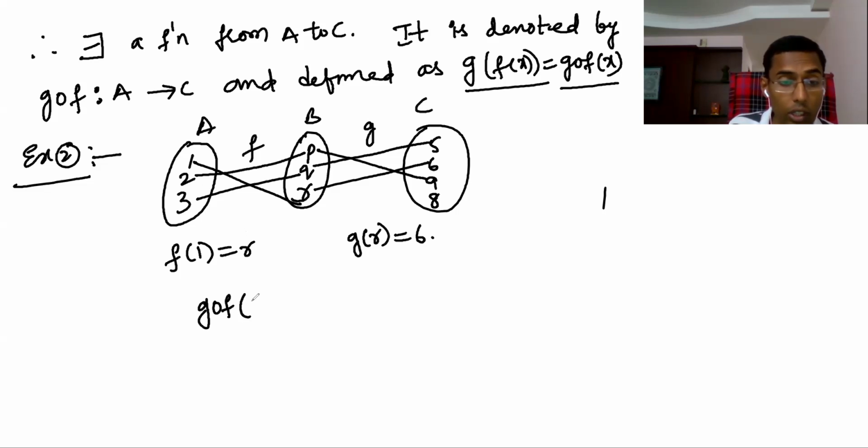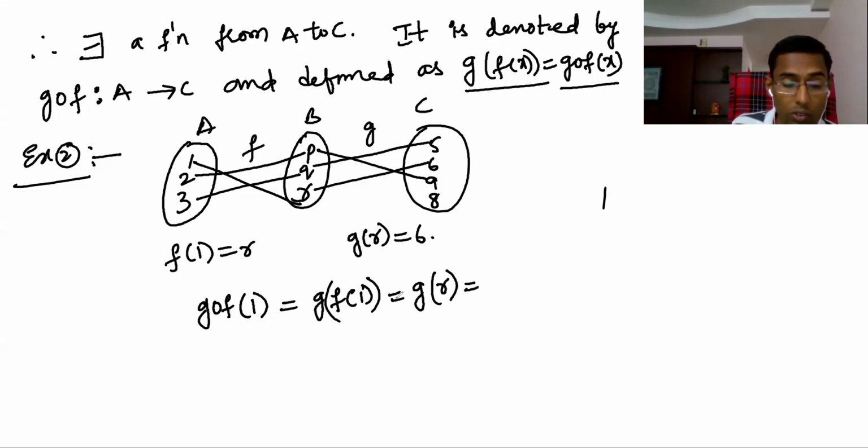G circle F of X is defined as G of F of X. So G of F of 1. What is F of 1? R. Now G of R is 6. So like this you can write.